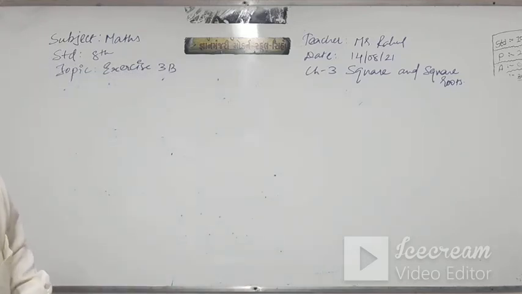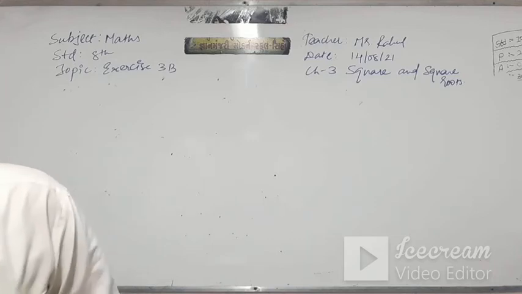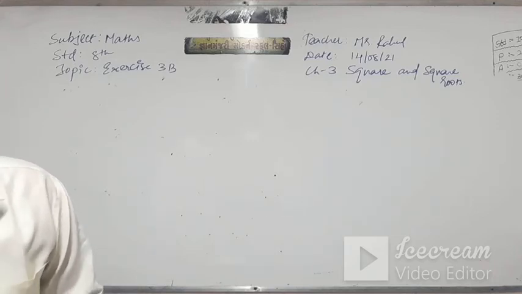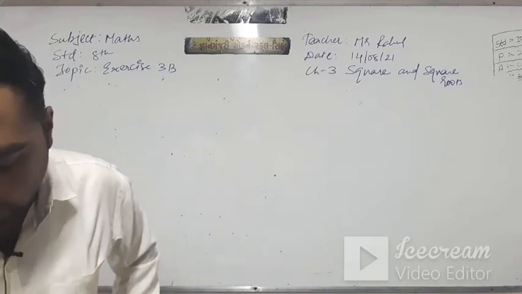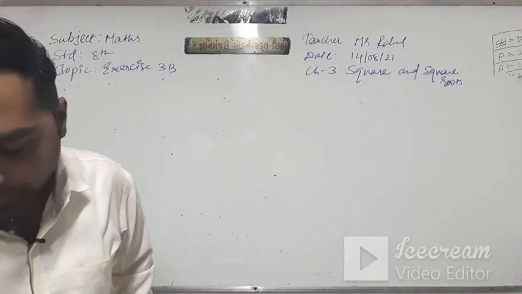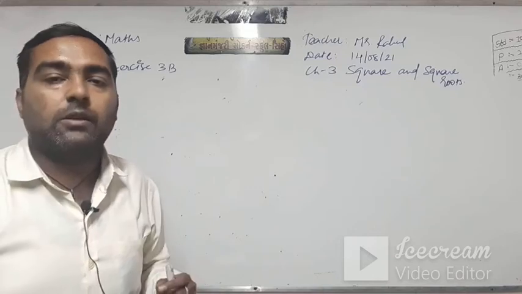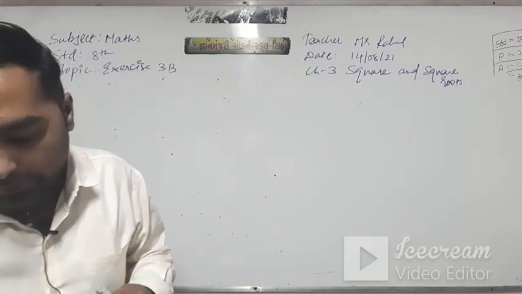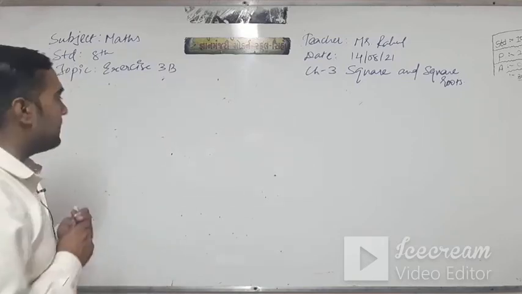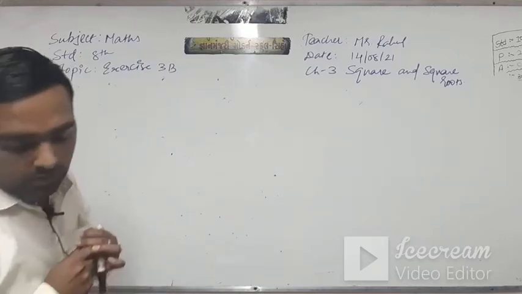Question number 11: find the square of each of the following using the method of squaring a two-digit number having unit digit 5. We need to take the square of the given numbers using the method of 5.